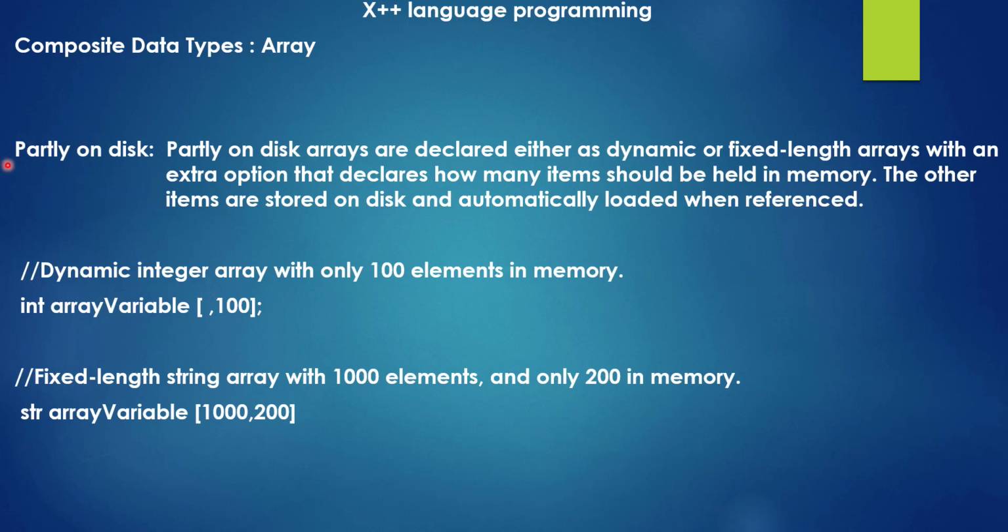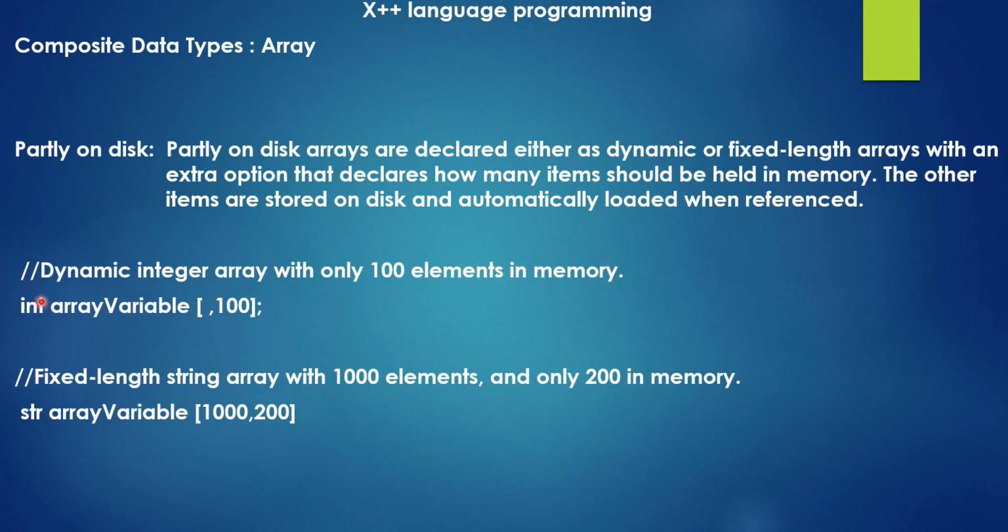Another one we are talking about is the partly on disk array type. Partly on disk arrays are declared either as a dynamic or a fixed length array with an extra option that declares how many items should be held in memory. The other items are stored on disk and automatically loaded when required. Here is an example, a dynamic array with 100 elements in memory.